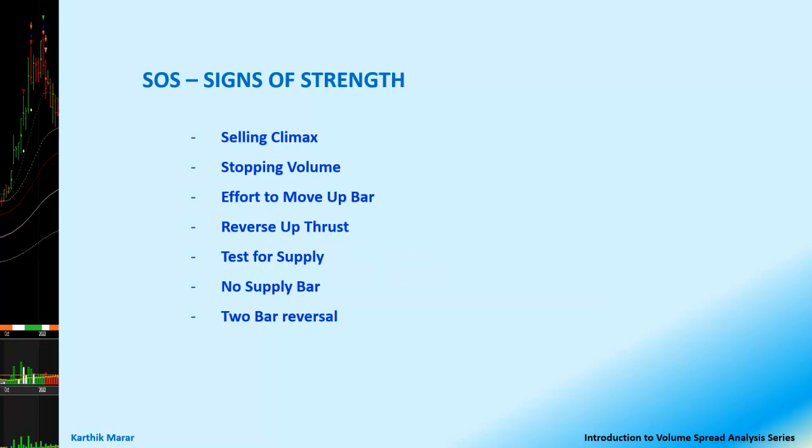Before we proceed to the derived or combination signals, let's quickly review what we learned so far, the standard textbook VSA signs of strength or weakness. The signs of strength, or the SOS, are the selling climax, stopping volume, effort to move up bar, reverse upthrust bar, the test for supply, no supply bar, and the 2-bar reversal.